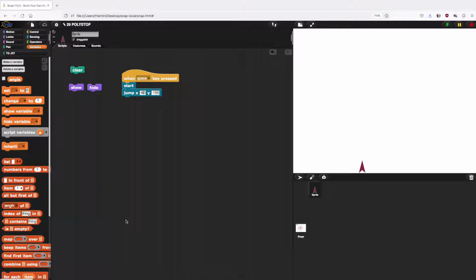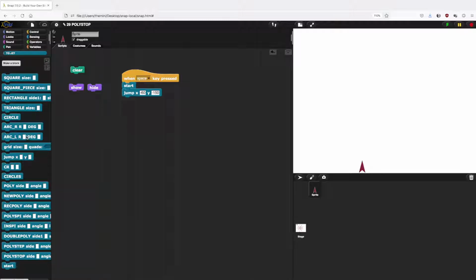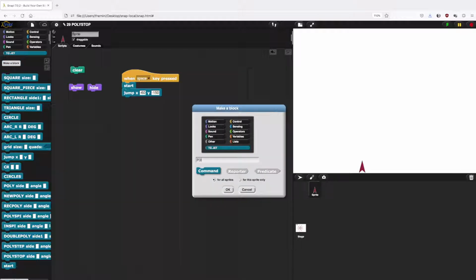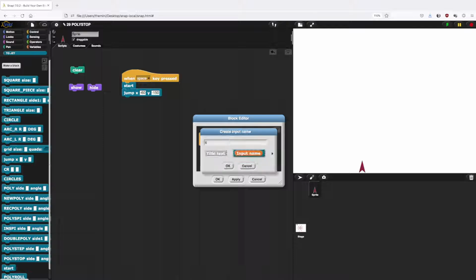Now I want to make a little variation using the poly stop, so we can actually do what might be called a polyroll, which means that we will rotate, and we need a side length.